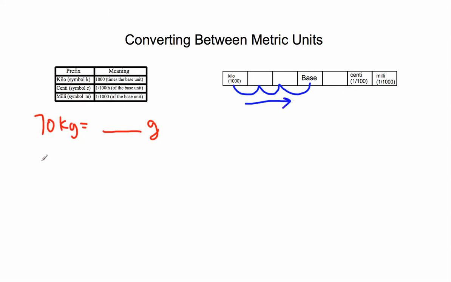So we can write 70 point, and then move the decimal 1, 2, 3 place values to the right, because that's what we had to do to get from kilograms down to the base unit of grams. And so the answer here is 70,000 grams. Now let's do another example.